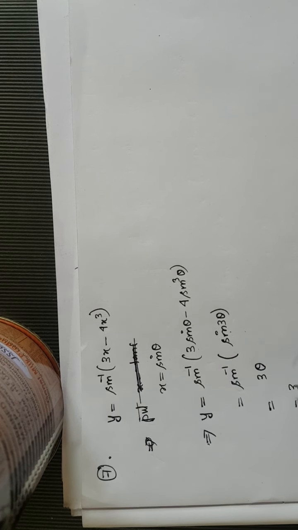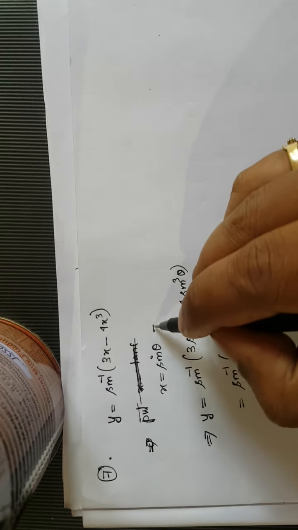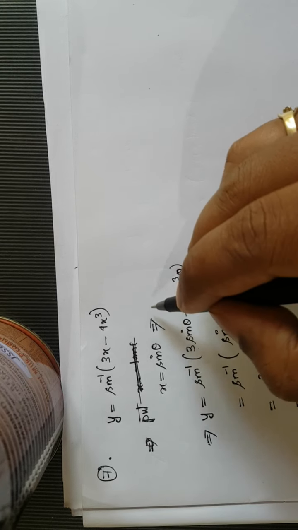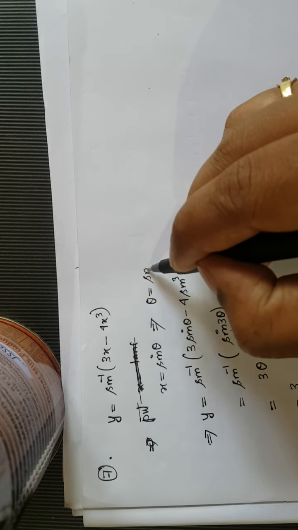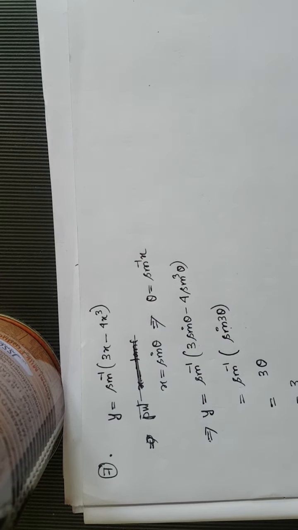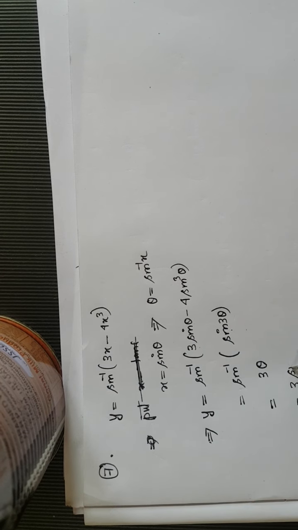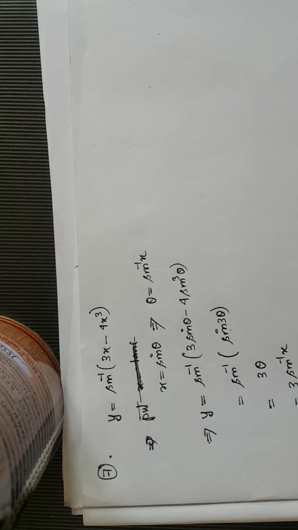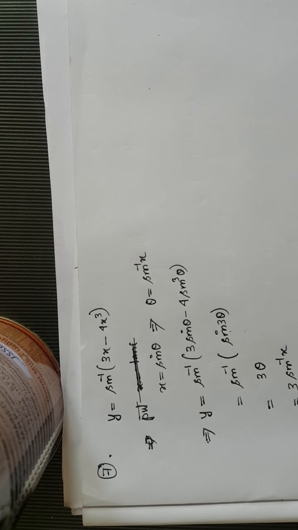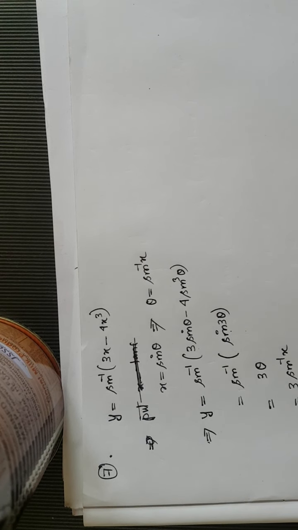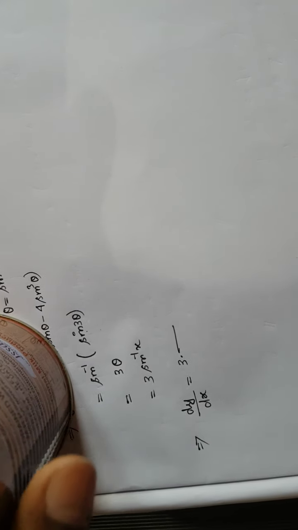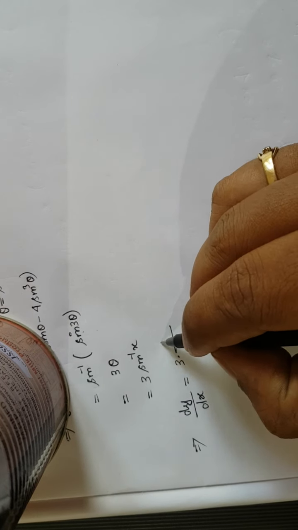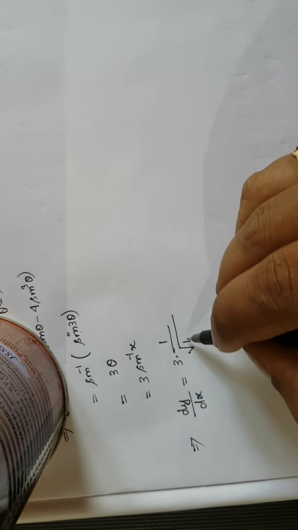Again you can write 3 theta, from the substitution method, theta is equal to sin inverse of x. So dy by dx is equal to 3 times the derivative of sin inverse x, that is 3 into 1 by root over of 1 minus x square.